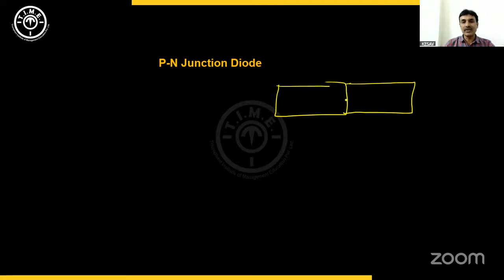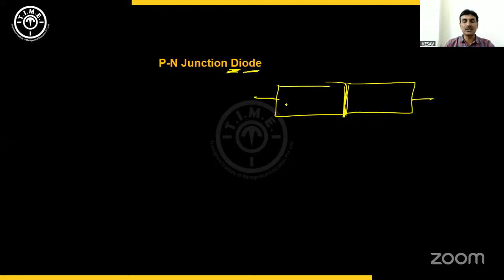It is a device with one junction between the P-type material and the N-type material, and there are two terminals. Diode: what is di? Di means two. Understood? The latter part of the word generally stands for valves.